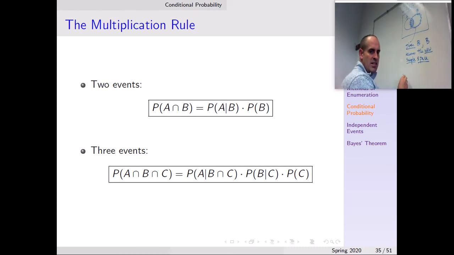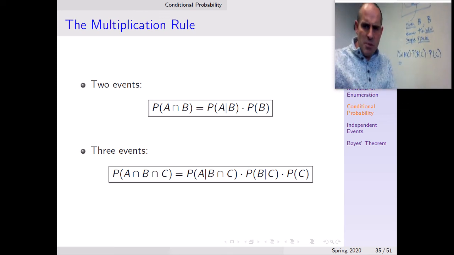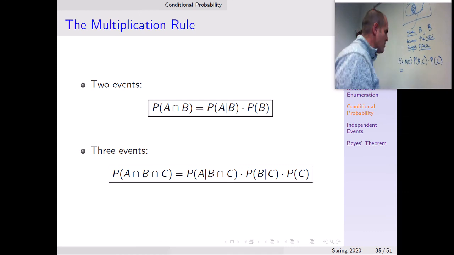So look at this. The probability of A given B and C times the probability of B given C times the probability of C. Well, you can unravel this formula just by plugging in the formula for conditional probability.